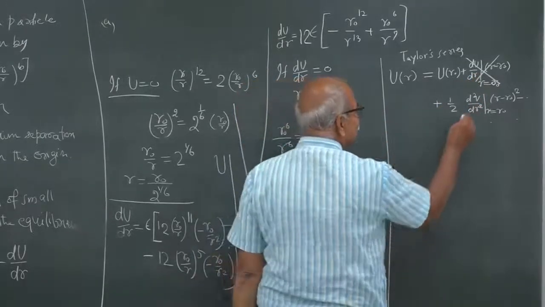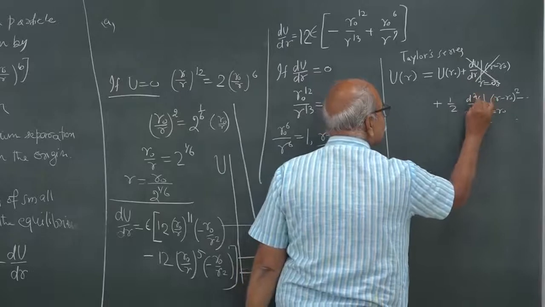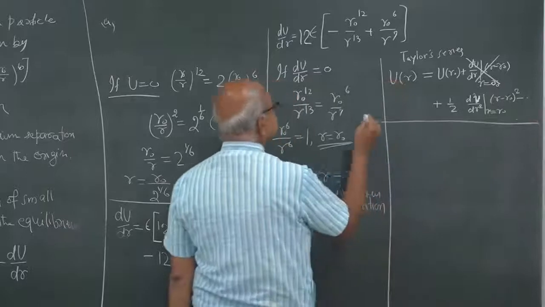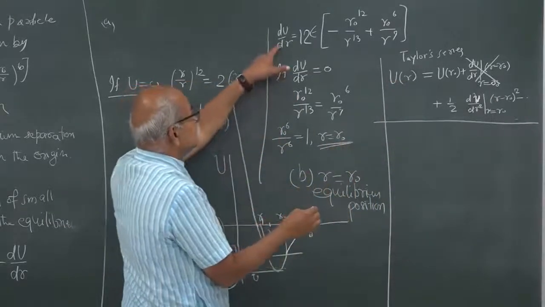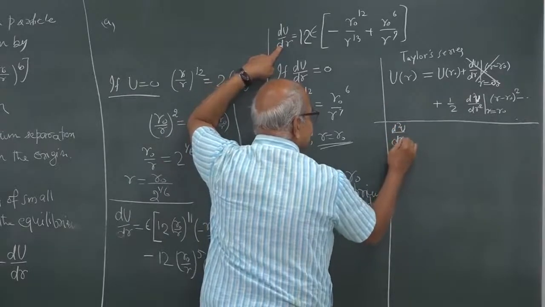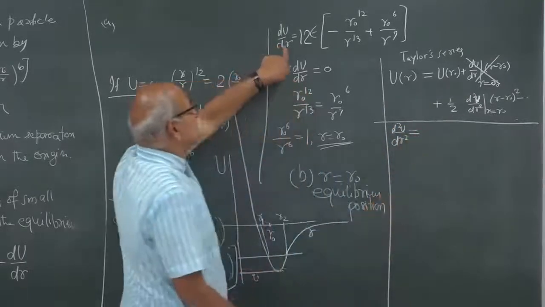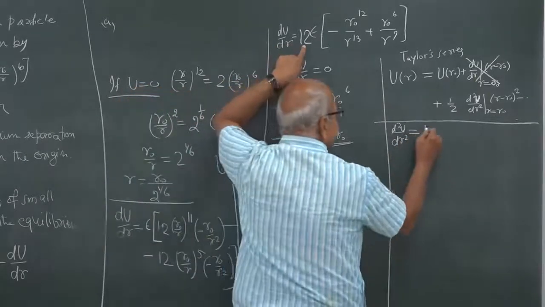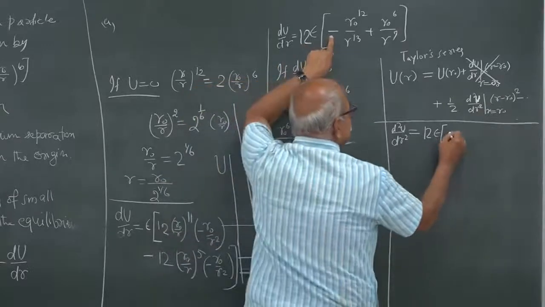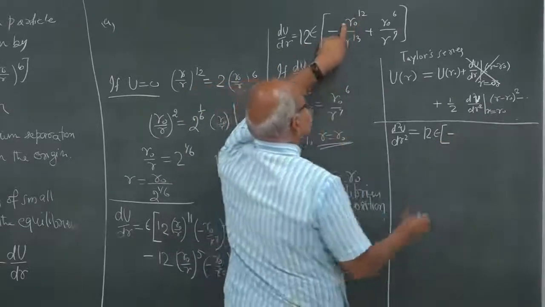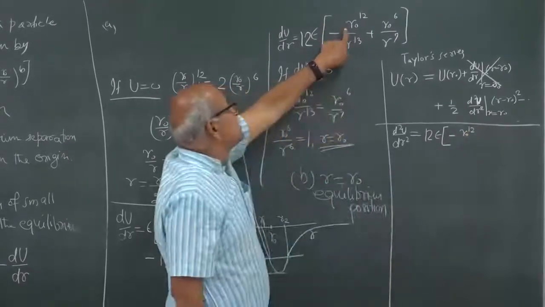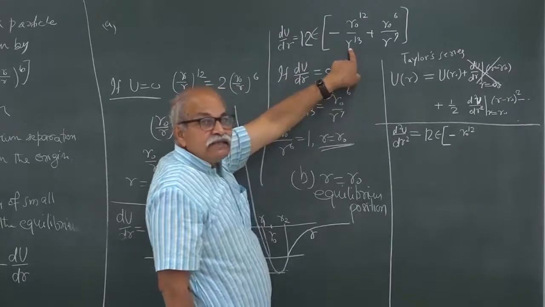We can do that for u. So, let us calculate what is d2u dr square. It is equal to 12 epsilon, minus r naught to the power 12, and then you have to differentiate r to the power minus 13.